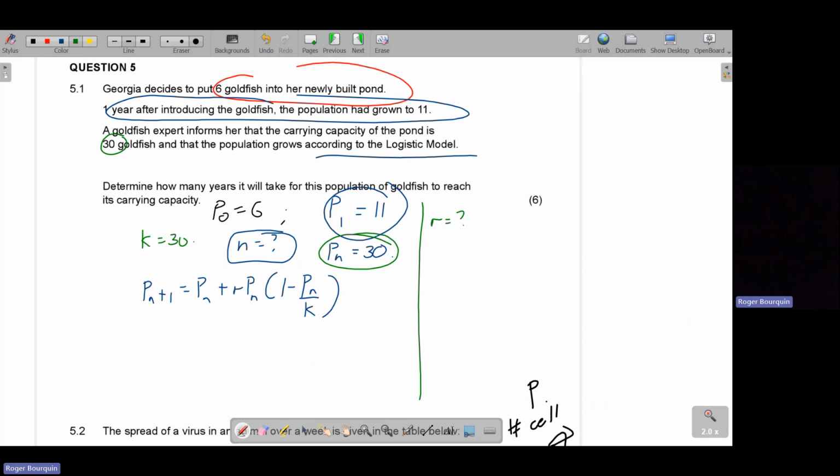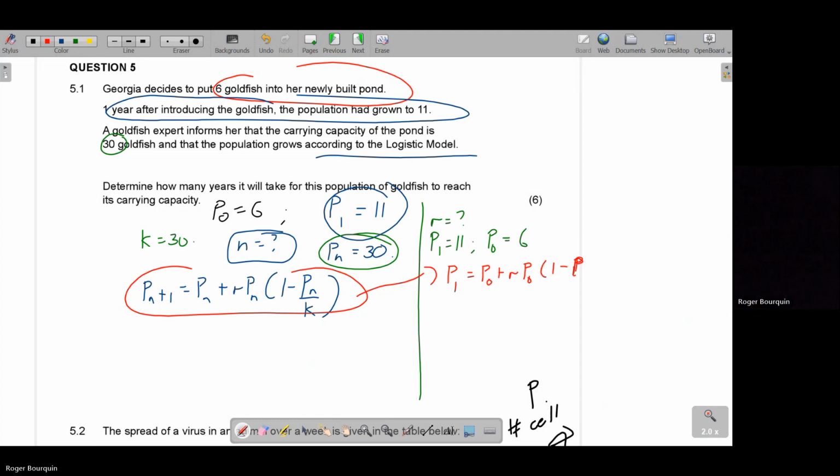To do that, I'm going to use the fact that P1 is equal to 11 and that P0 is equal to 6. Using the logistic formula with n equal to 0, P1 is equal to P0 plus R P0 (1 minus P0 over K), and K, the carrying capacity, is 30.